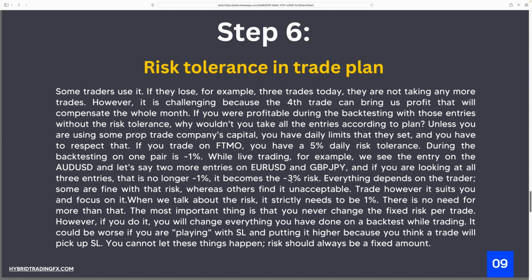Let's say you're risking 1% per trade, and there are pair correlations, and all of a sudden you're not risking 1%. If you need to execute all 3 of them and you lose, you lose 3%. So you need to think about those things now, before you start trading.